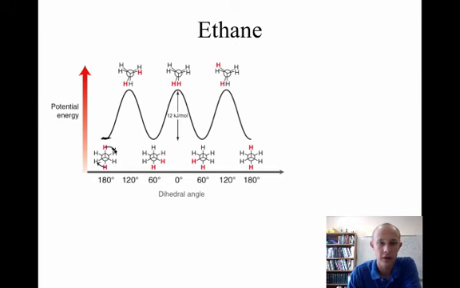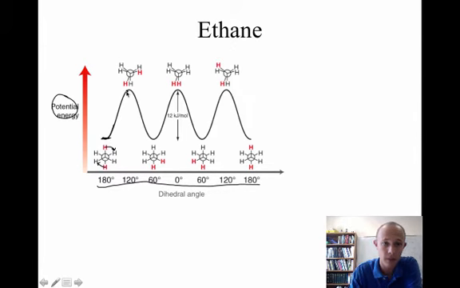As these two hydrogens get closer to one another, and as these two hydrogens get closer to one another, we start going up in energy. This scale right here is potential energy, and this is degrees that we rotate. So as we start rotating, we're going up, up, up in energy till we get to our eclipsed conformation. We started staggered.